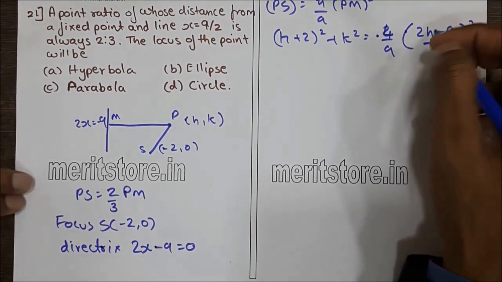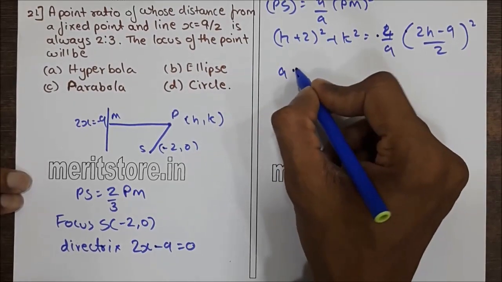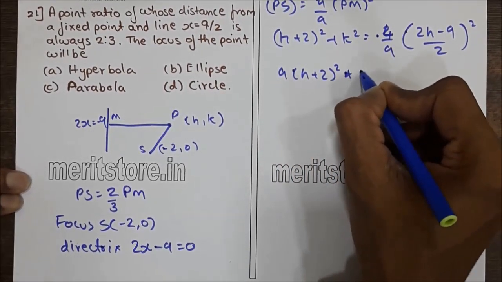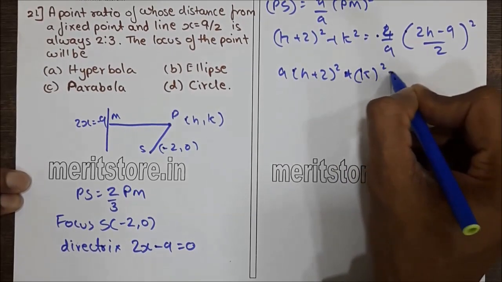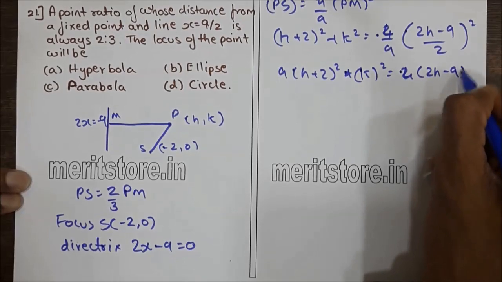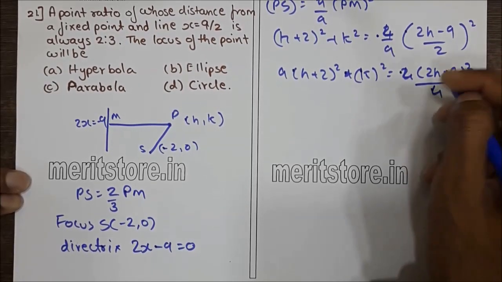Further solving this, we get 9[(h + 2)² + k²] = 4(2h + 9)²/4.